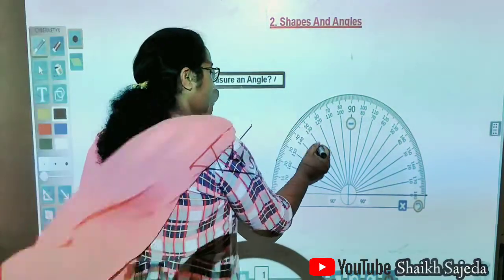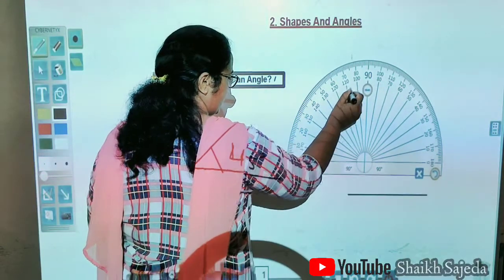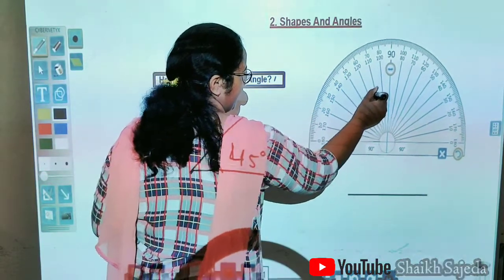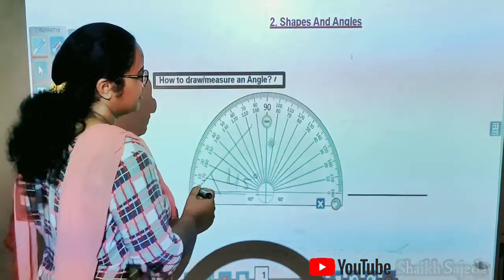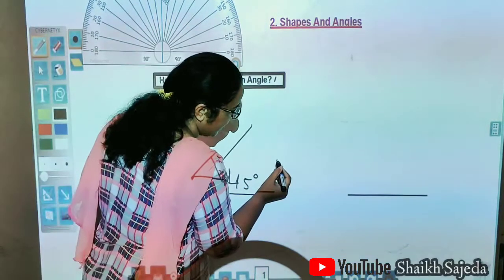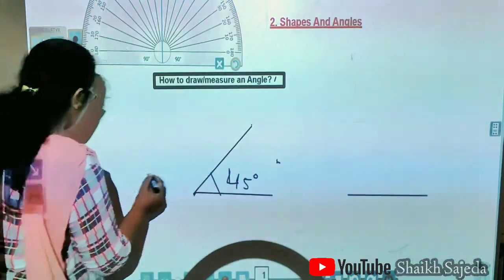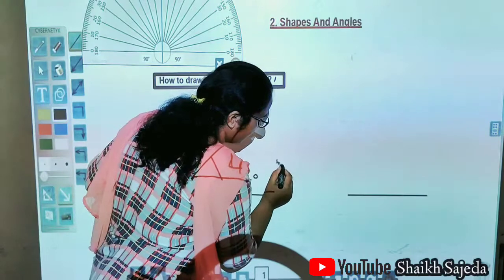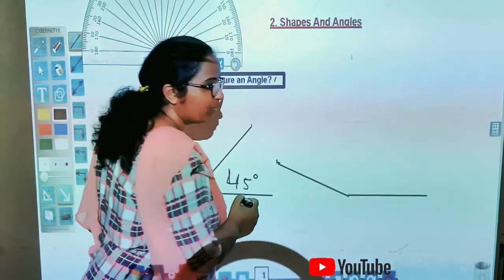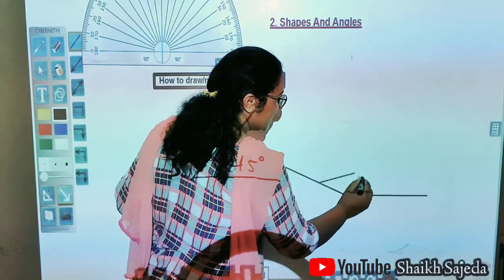Now remove this protractor from here. Here you can see this point. Now using a scale, just join these 2 points.